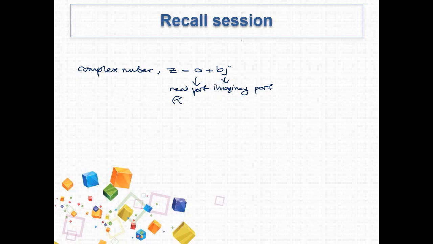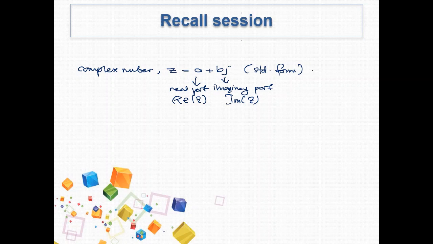The real part of your Z, and this is the imaginary part of your Z. b is the real number of the imaginary part, but this is your real part only. So this is called the standard form of a complex number.